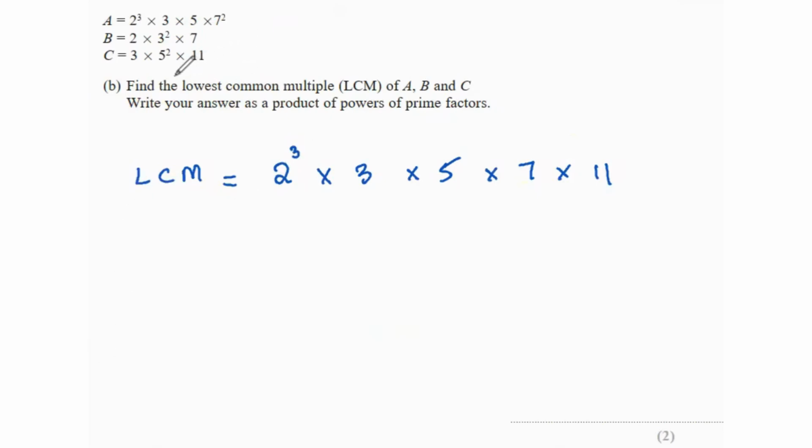For 3, the highest power is 2. So it's going to be 3 squared. For 5, the highest power is 2 again. So that's 5 squared. For 7, the highest power is 2, 7 squared. And 11 exists on its own, just once. So 11 comes as it is. So this is your lowest common multiple as a product of powers of prime factors.